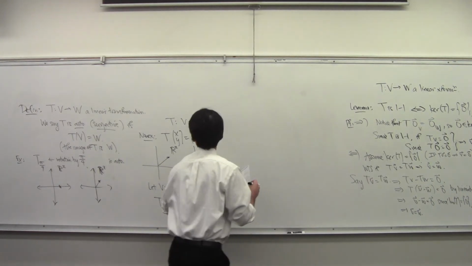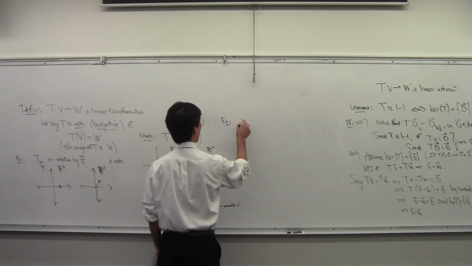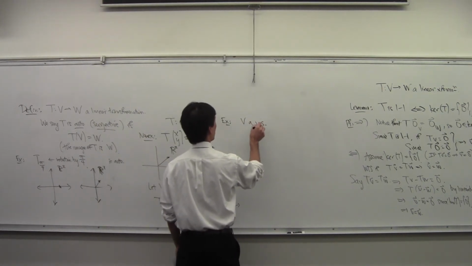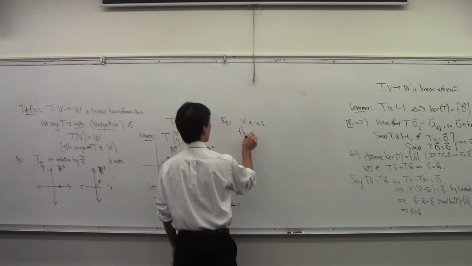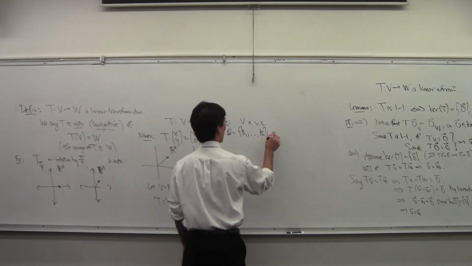Maybe I should do another example. Let V be a vector space, and v1 through vn a basis.